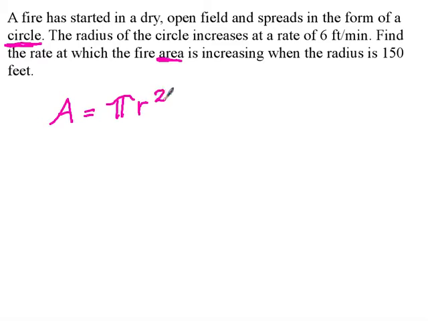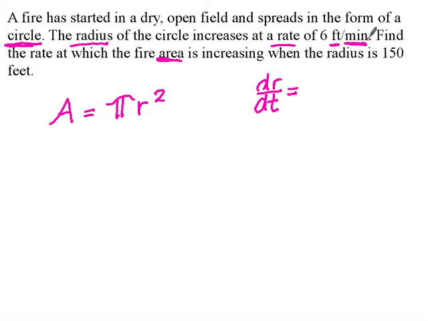Now I've got to go back into the problem and label some other things. It says the radius increases at a rate of. Now if you remember, what did I say we need to look at? Labels. Feet per minute. So really what this means when this refers to radius, this means dr divided by dt. Okay?